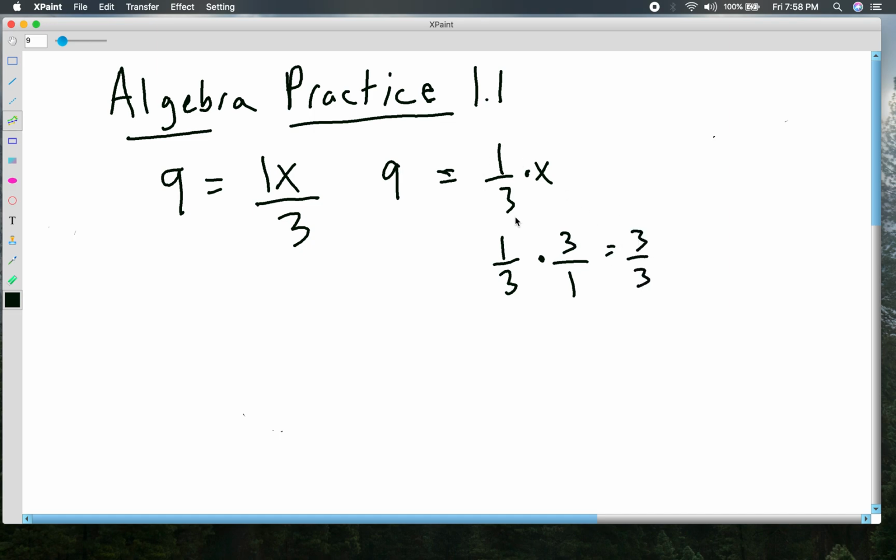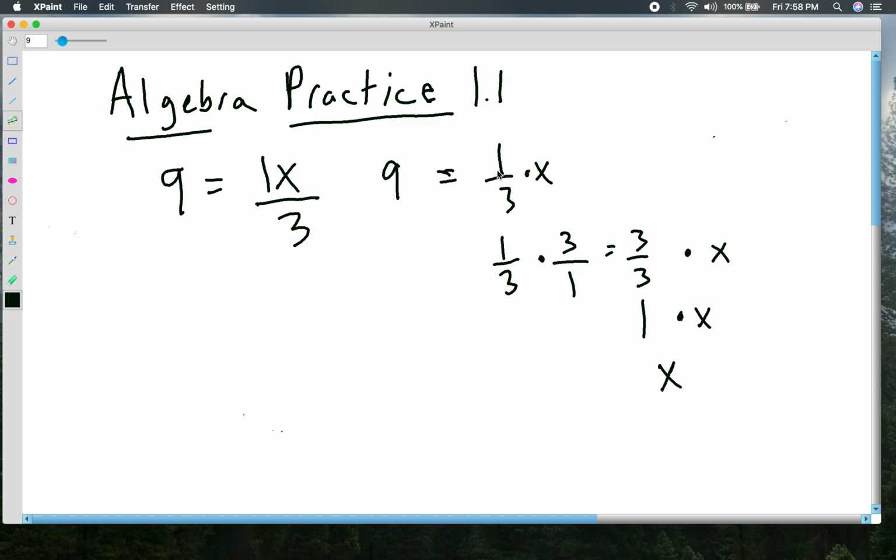So I'm just working on the 1/3 here, times x. And that gives us 1 times x, which gives us x, because 1 times anything is itself. So I took what's called the reciprocal of this fraction and multiplied it to make sure it canceled out, because 3 times 1 is 3, 3 times 1 is 3. Now I have x all by itself over here, but whatever I do to this side, I have to do to this side.